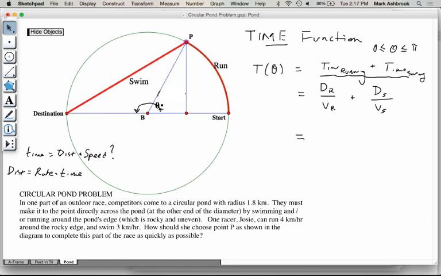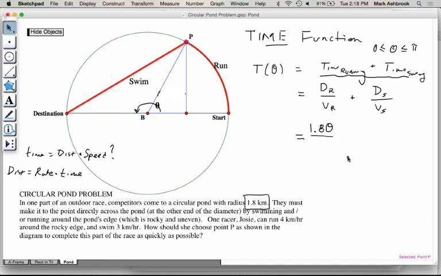It's going to be theta radius lengths, because that's the definition of theta, the number of radius lengths. But we want it in meters, or kilometers. So if it's theta radius lengths, and we want it in kilometers, and each radius length is 1.8 kilometers, then we want 1.8 theta.